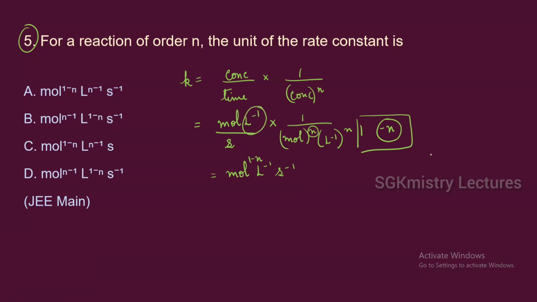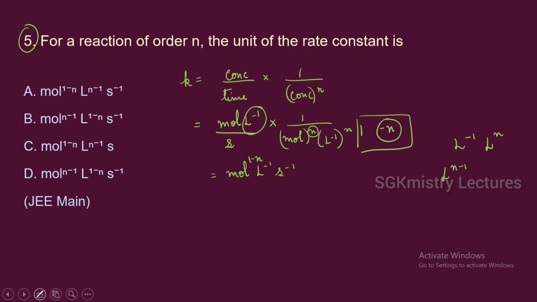Talking about liter, already there is minus 1 in the numerator. When I bring it above, it becomes plus. It is minus 1 into n, because it is to the power of n, so it will become minus n, but when it comes to the numerator, it becomes plus n. So L to the power of n. Now when I combine this, it will become L to the power of n minus 1.